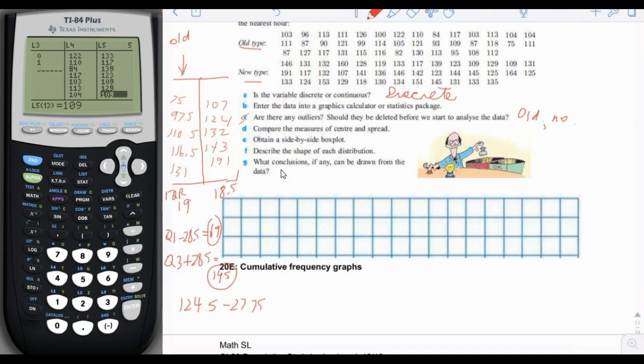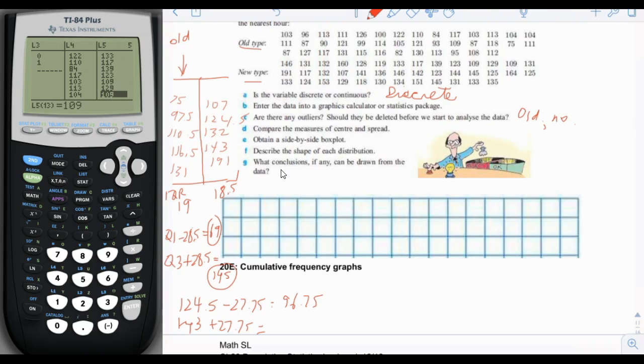And then to find the upper limit, we're going to take 143 and add 27.75. So we'll see if any of the data is outside of this range. 124.5 minus 27.75 is equal to 96.75.